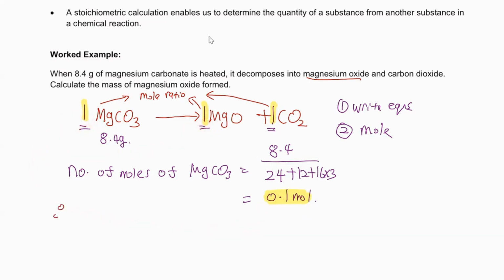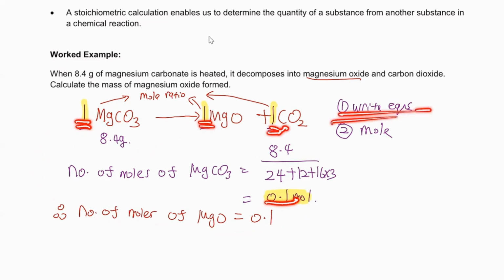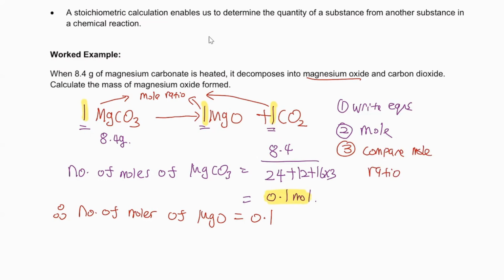Therefore, we can draw a conclusion: the number of moles of MgO equals 0.1. So remember, you can only use mole for comparison, and the number at the front is very, very critical. They are the ratio. That's why the first thing we should do is always write the equation. Second, calculate the mole. What is the third step I just did? Compare mole ratio. And this is what I just did here.